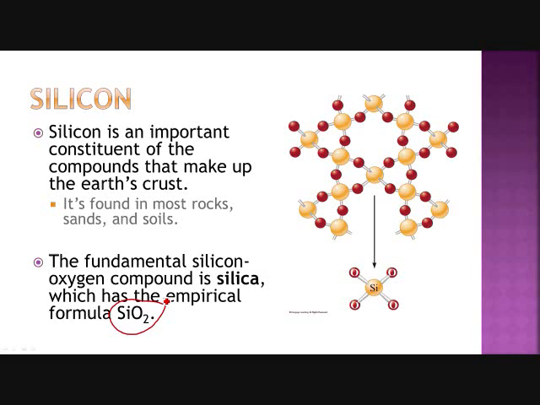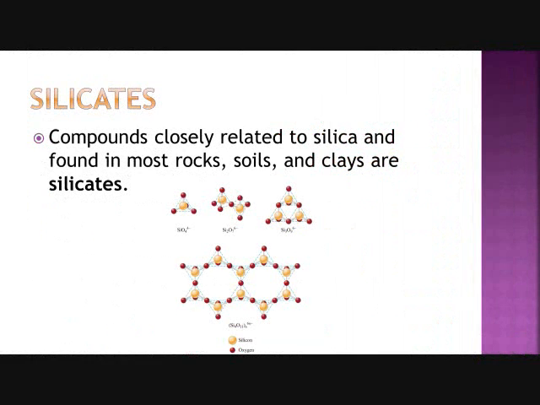So this is a picture of, this isn't SiO2, but this would be a form of that in that structure. Okay, so the rocks, soils, and clays that we find in the Earth's crust are made up of what are called silicates.